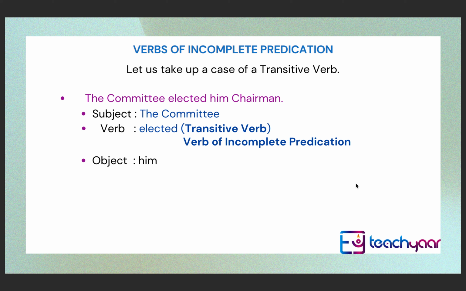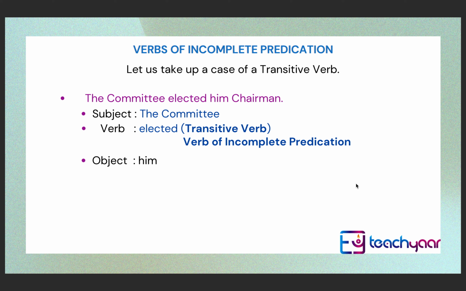But when we read till here, the committee elected him. Is it complete? Does it make complete sense? No. Because when you elect somebody, you have to elect them to a particular post. You don't say he's elected. Elected for what? So therefore, the predicate is not complete and the verb elected is a verb of incomplete predication.